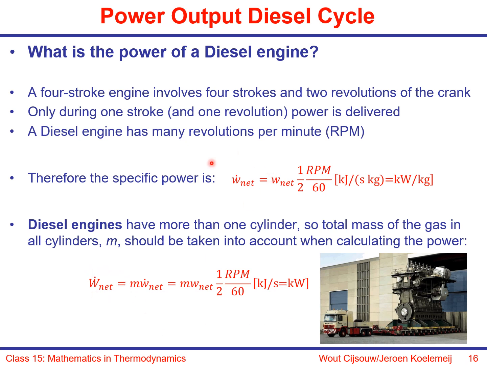So if we multiply the specific power with the mass flow, then we find the total power that can be delivered by a diesel engine. And this one here can deliver 80,000 watts or something.